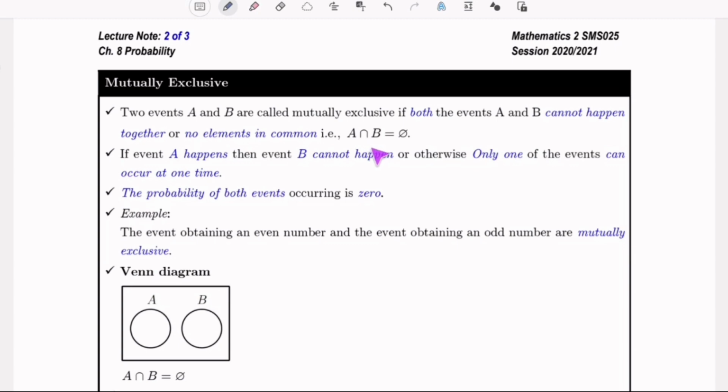That means A intersect B is equal to the empty set. If event A happens, then event B cannot happen, or you can say that only one of the events can occur at one time. The probability of both events occurring is 0. Example, the event obtaining an even number and the event obtaining an odd number are mutually exclusive.